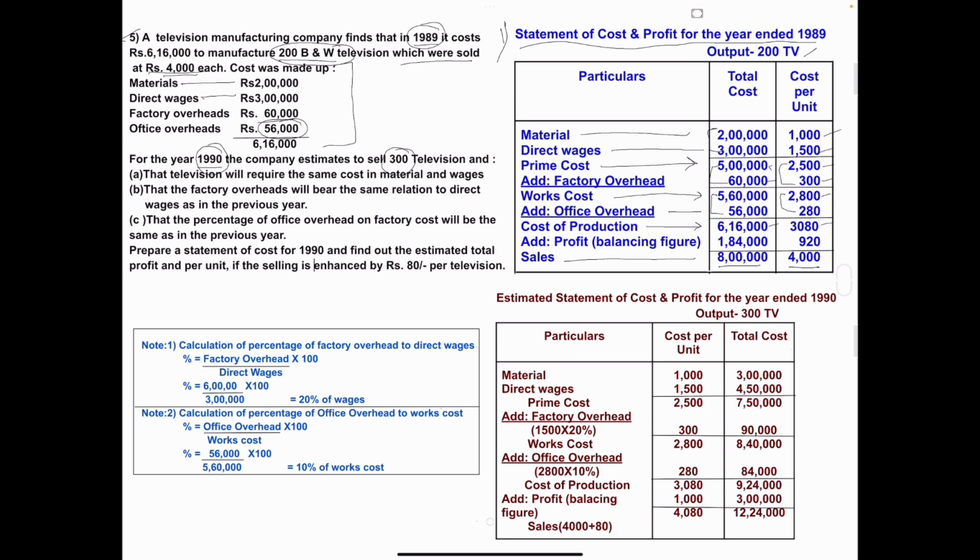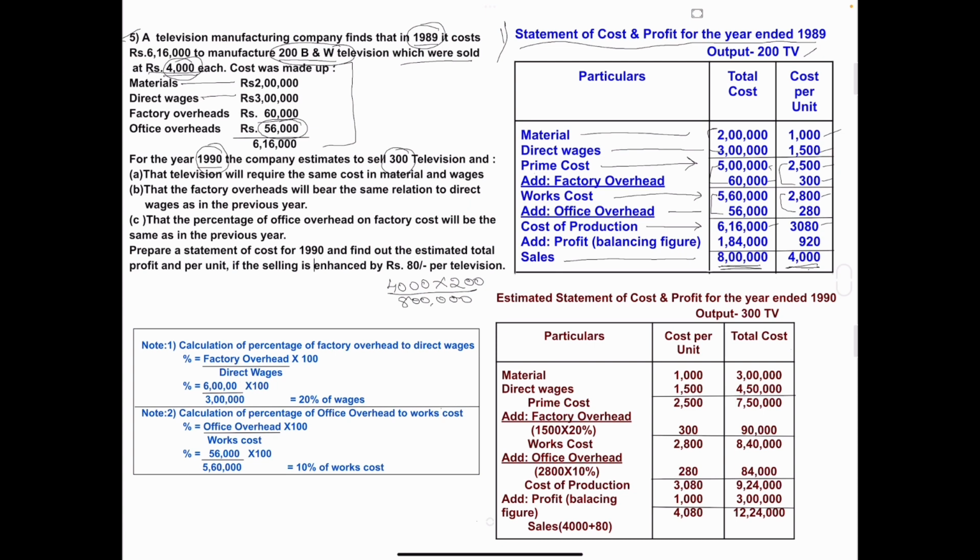So first we have to write in cost per unit column. Here they have mentioned each TV sold at rupees 4,000. So 4,000, and total 4,000 into 200, we will get 8 lakh.